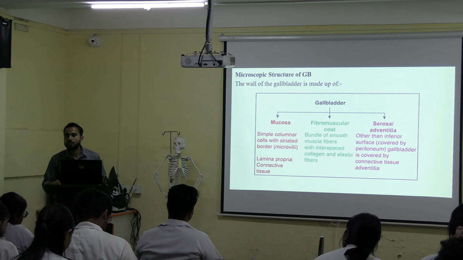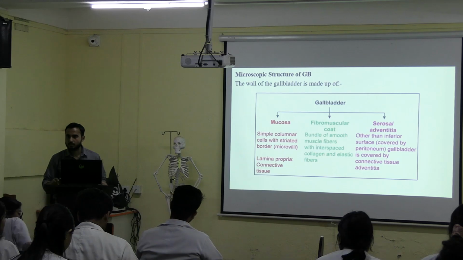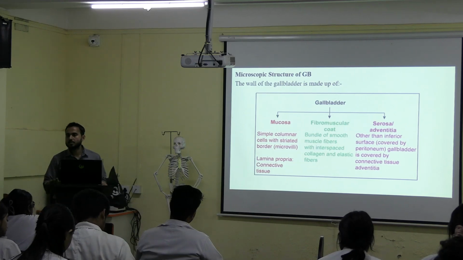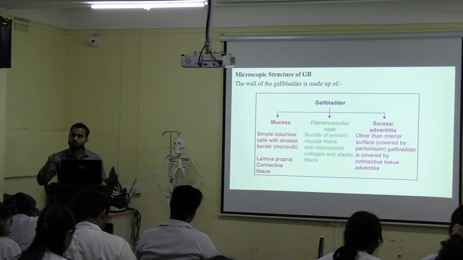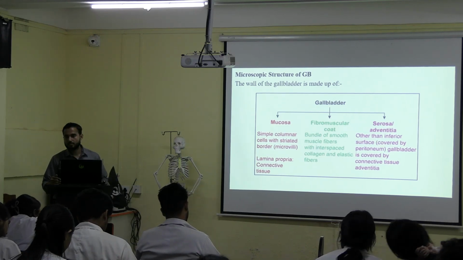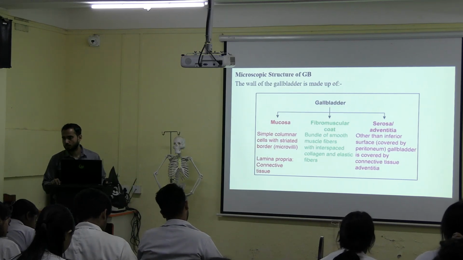Inner circular and outer longitudinal layers. That means a definite arrangement is present. Here the arrangement is irregular. That is the difference. Smooth muscle cells are there, but the arrangement is irregular, and in between them collagen fibers and elastic fibers are present. Together they form the fibromuscular coat.